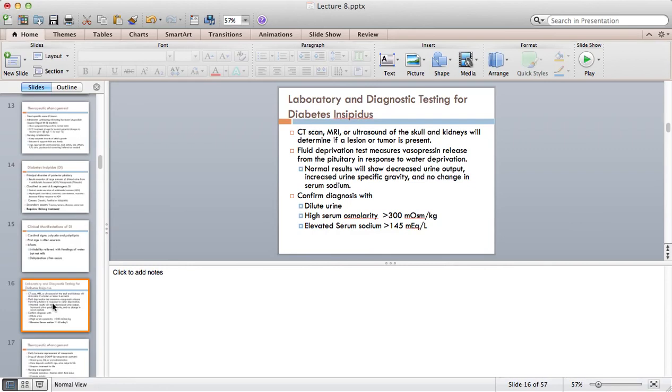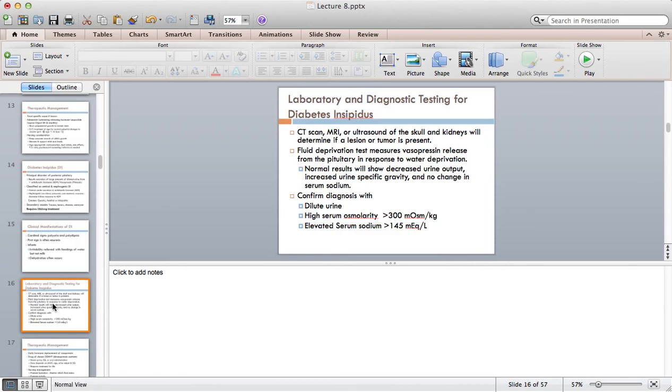The fluid deprivation test is done to confirm the diagnosis. You withhold water from the child, and then look for the response of the pituitary gland.